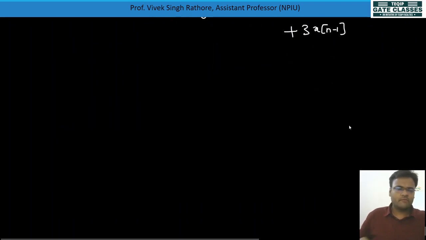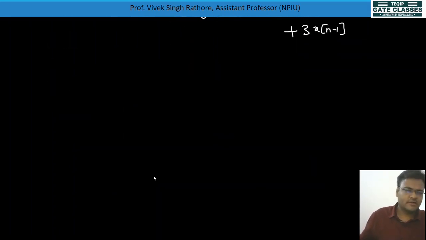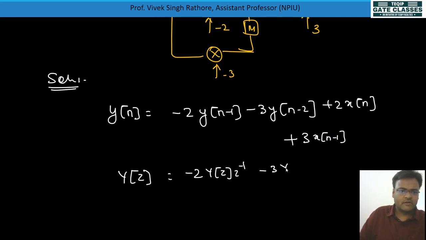So from the block diagram we can make the difference equation, and from the difference equation you know that it is very easy to calculate the z transform. This is Y of z, minus 2 Y of z z to the power minus 1, minus 3 Y of z z to the power minus 2, and plus 2 X of z, plus 3 X of z z to the power minus 1.